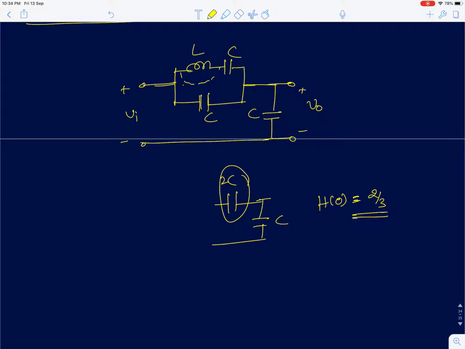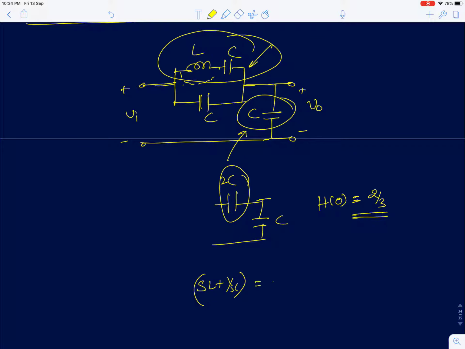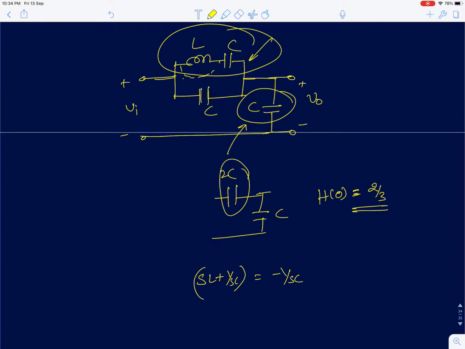Now next step is to find the zeros. This Z2, the capacitor here, will blow up to 0 only at infinite frequency, so I can ignore that. Now this guy here will become infinity. We have to find when that will become infinity. That will happen when the parallel impedance blows up. That happens when SL plus 1 by SC, the impedance in this arm, becomes equal to minus 1 by SC.